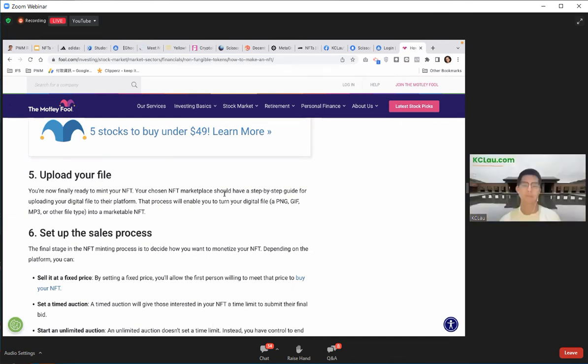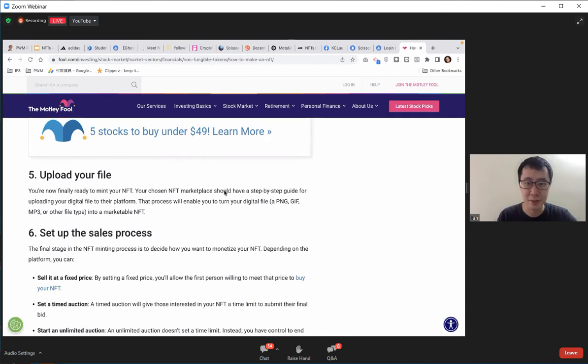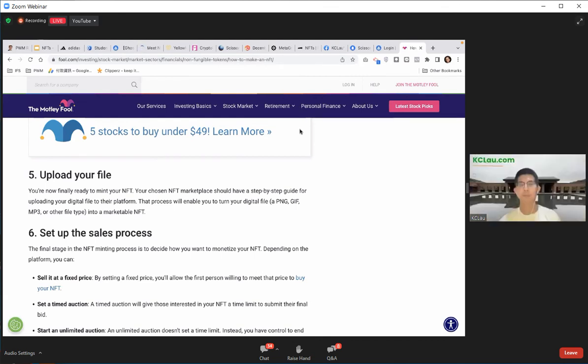Okay, so another one. City says, is NFT fit to be called an equity investment? I don't think so, lah. No. When we say equity investment, why is it called equity? Usually equity investment refers to the stock market.